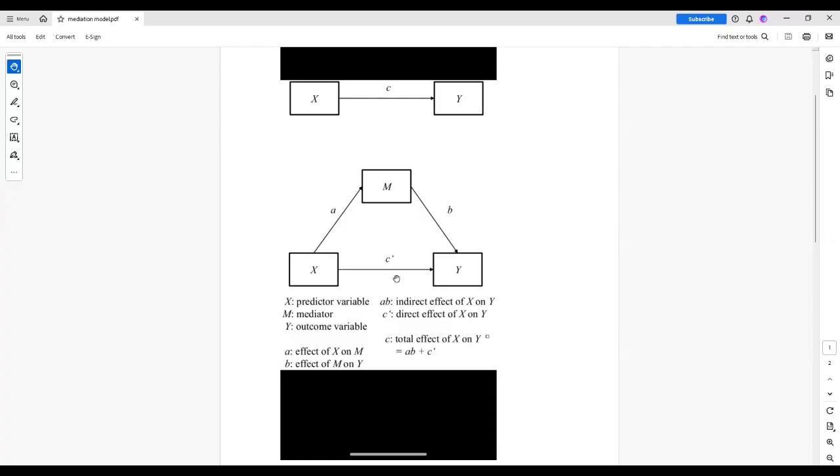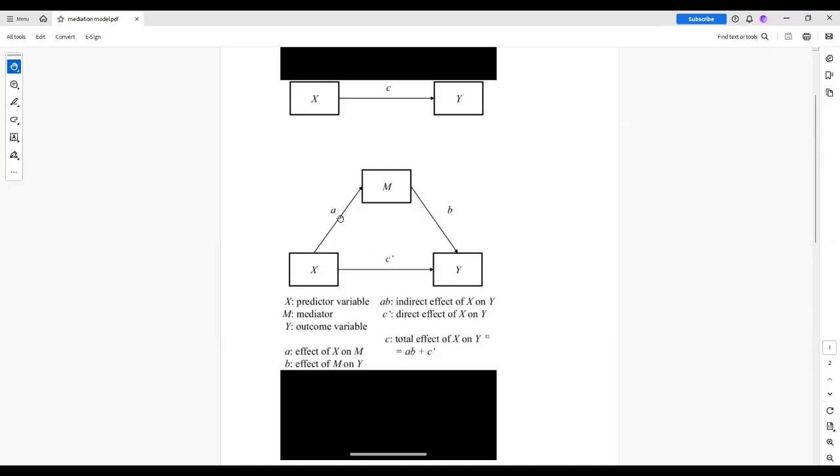When the direct effect of IV on DV is controlled, it is pure, and we remove the effects of the mediator from it, we call it C prime. Otherwise, when it is not a controlled relationship and it can include all the effects, direct and indirect, we call it total effects, or C. So I think I explained all. Just what about AB?